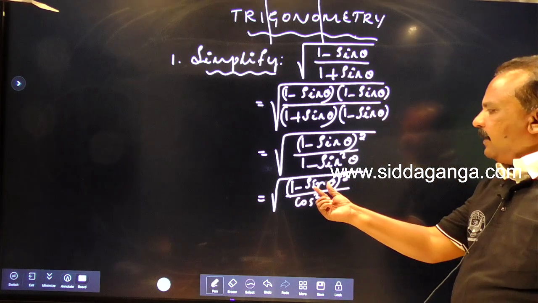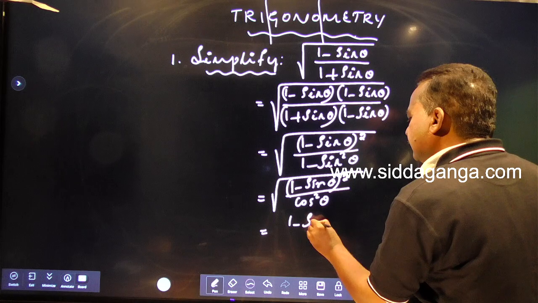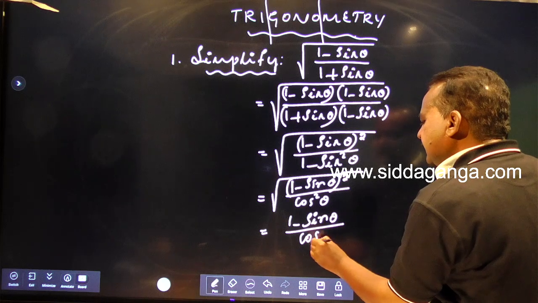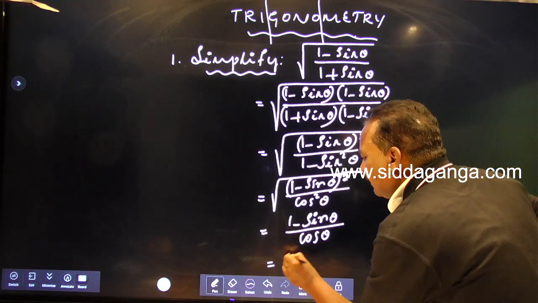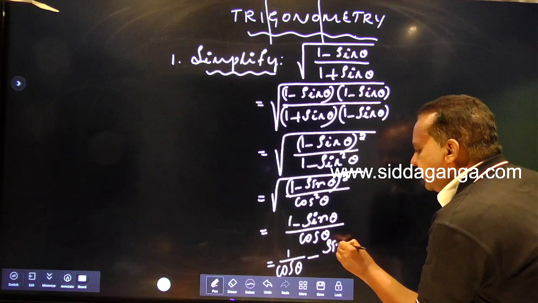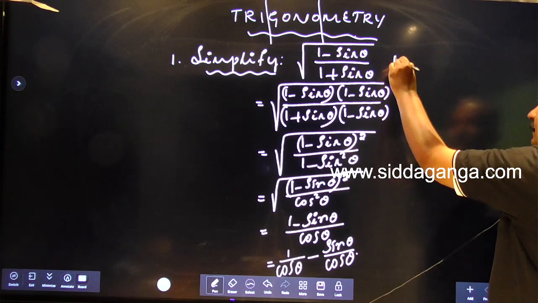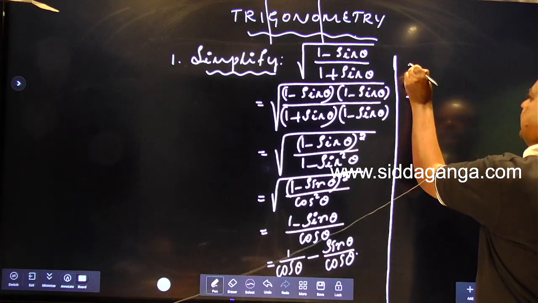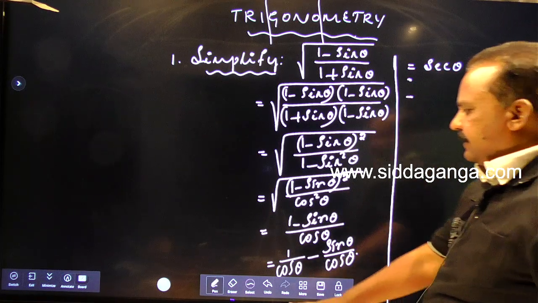Taking the root of 1 minus sin theta whole square gives 1 minus sin theta. Taking the root of cos square theta gives cos theta. Now I will split it. We can write 1 by cos theta, I am splitting, minus sin theta by cos theta. Okay, yes. What is 1 by cos theta? Secant theta, because secant theta is the reciprocal of cos theta.